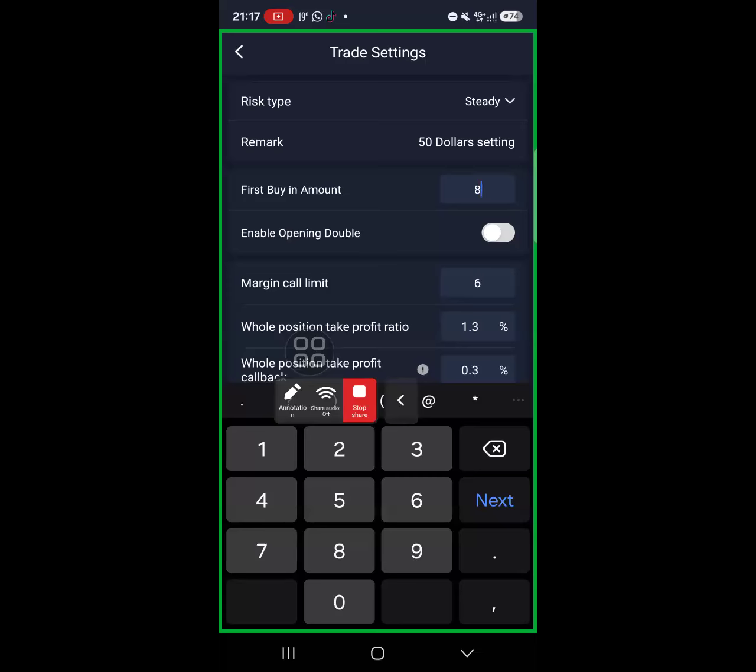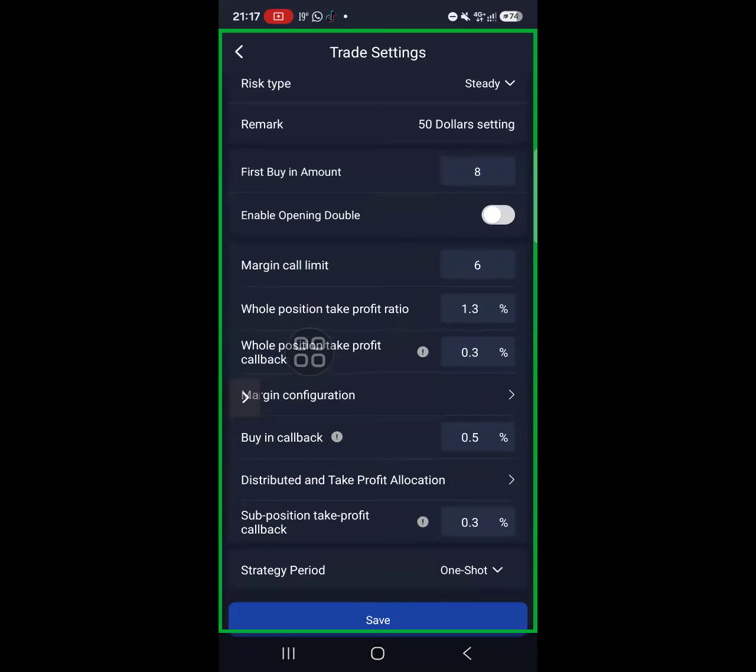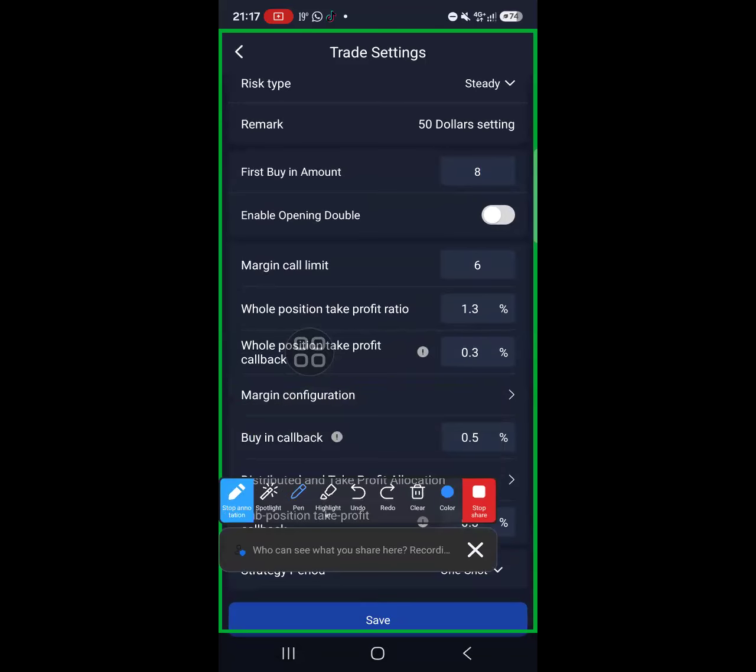This is the first scenario where the robot will be buying one time whenever price drops, let the robot buy one time with the $10. So it means this person is using 8 margin calls, and once the robot buys with the $20, the person is going to edit their first buy-in amount.